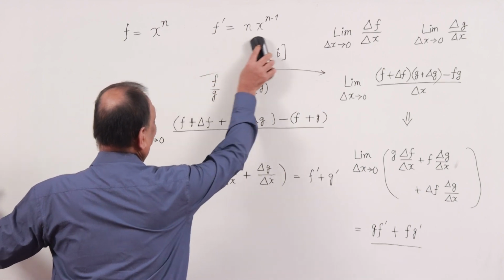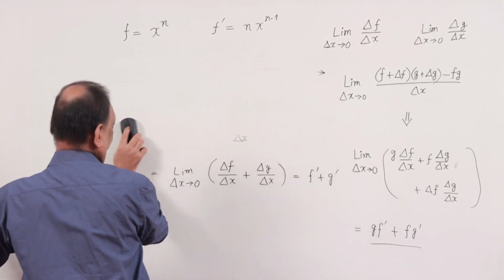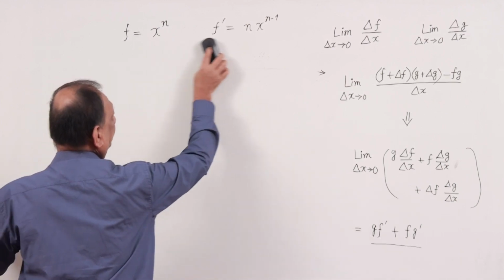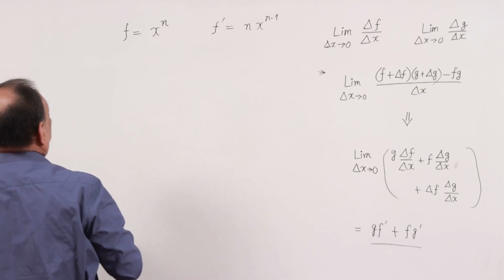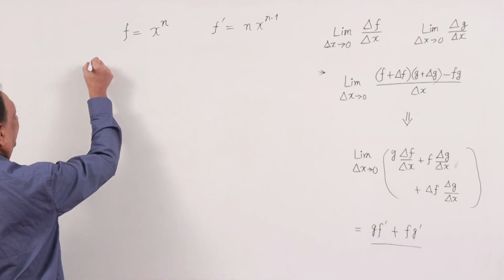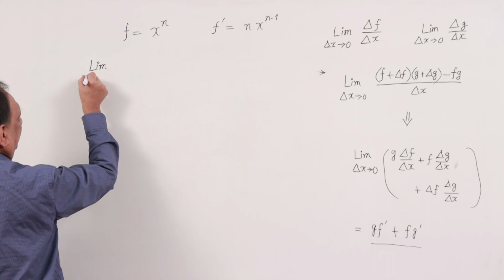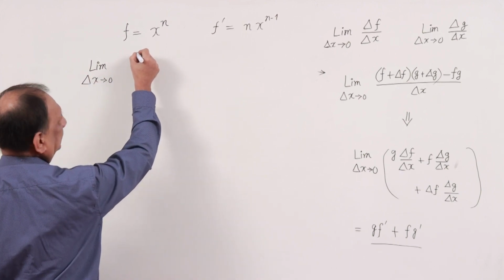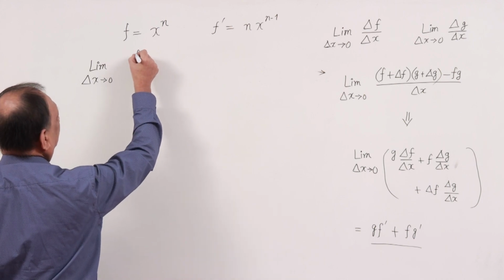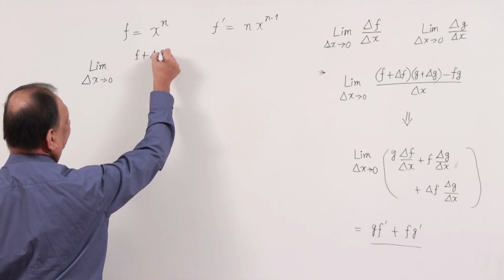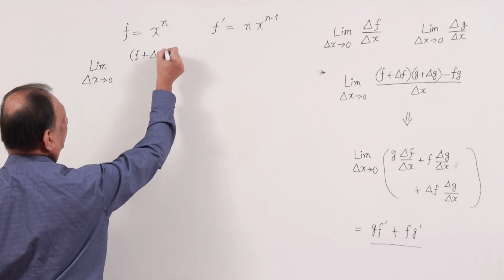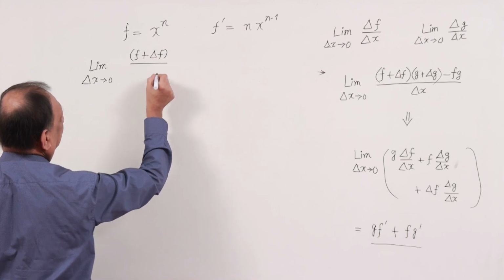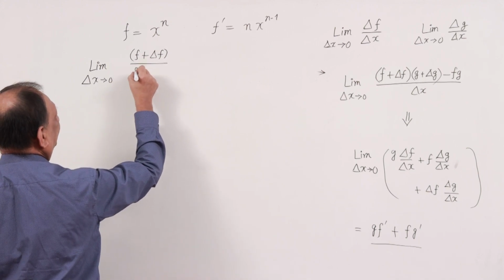Now we can look at f divided by g. So we need to look at the limit as delta x goes to 0 of f plus delta f divided by g plus delta g.